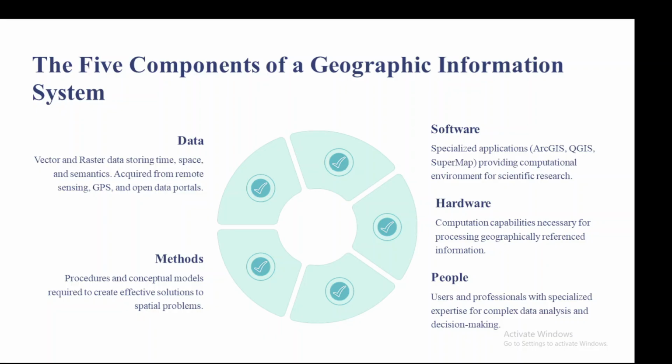Then comes the hardware. This is the third component. It's the physical machinery behind all this software and the data sets running. In the early days, GIS ran on large mainframe computers. Today, it operates on everything from powerful cloud servers to laptops and even mobile phones.